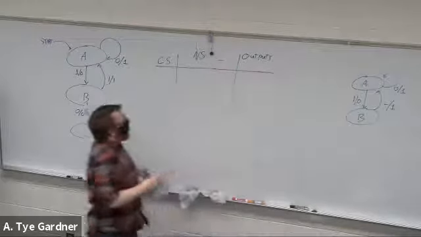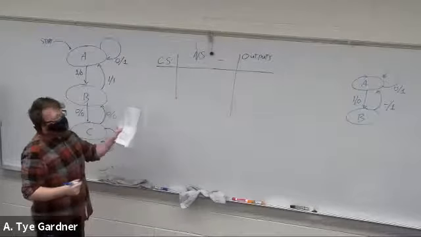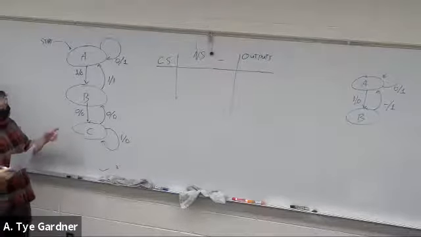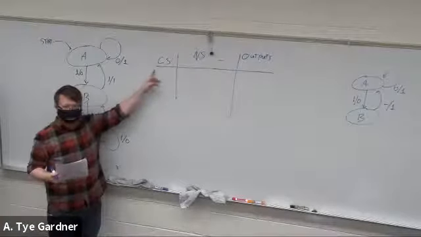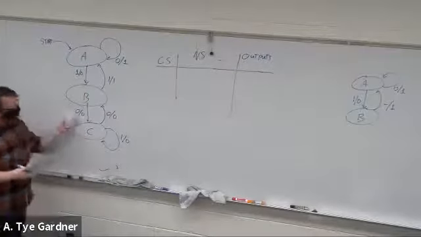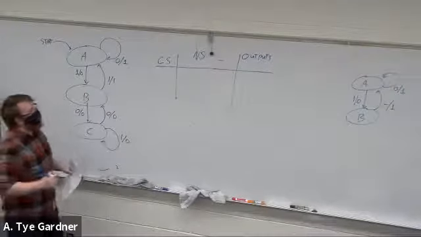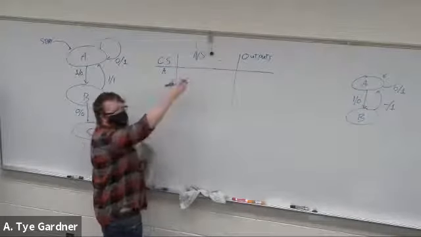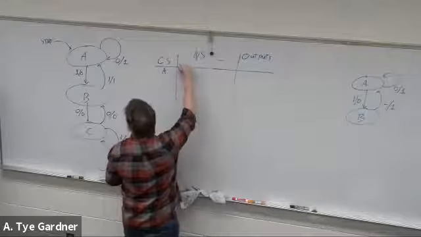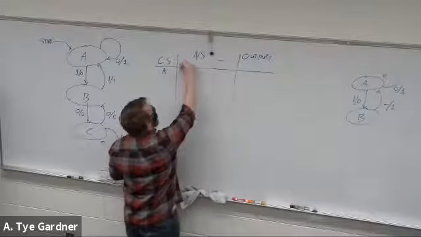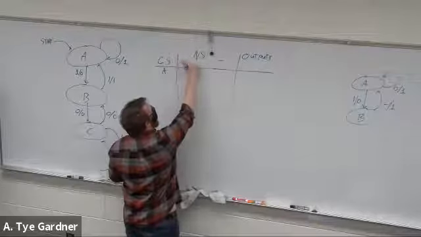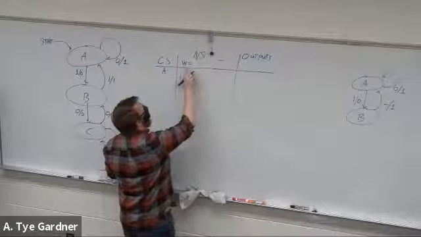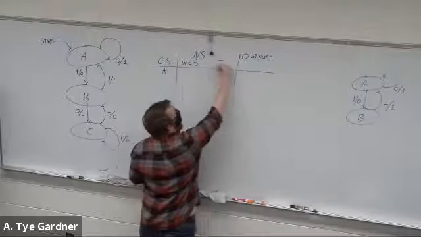Now, in both the case of next state and output, we don't only care what our current state is, we also care what is our input here, right? So if I'm in A, to decide where I go next, I need to know what is my input. Well, if my input, and I'm going to call it W, just because I did in my notes, W is 0 and W is 1, right?